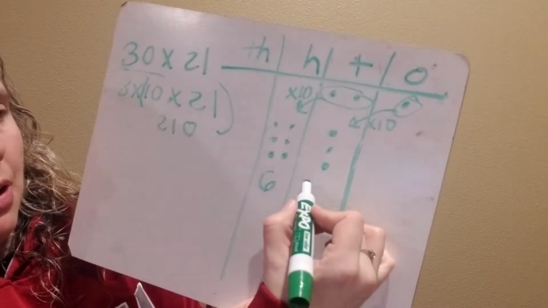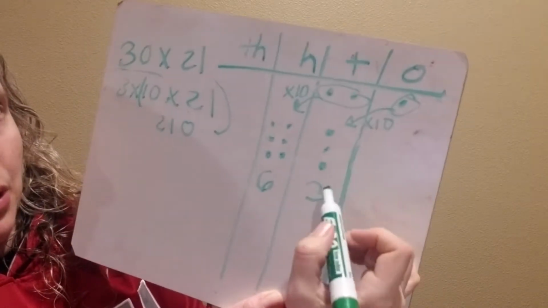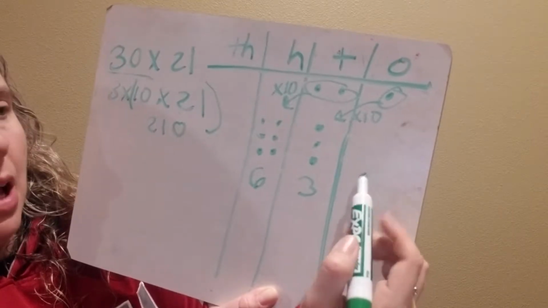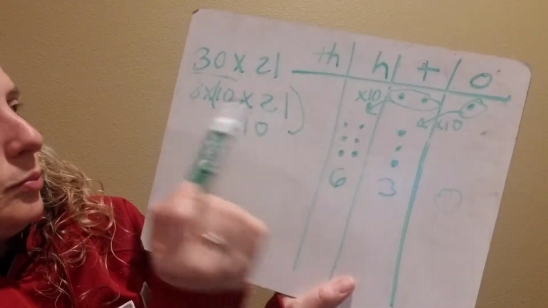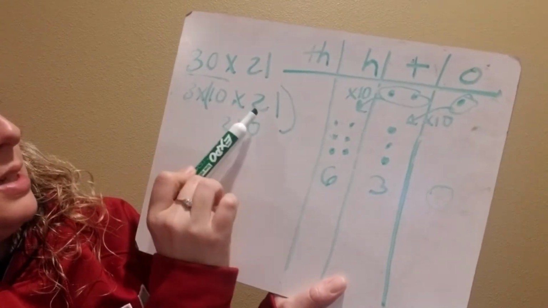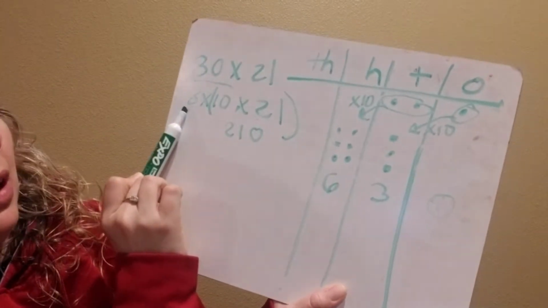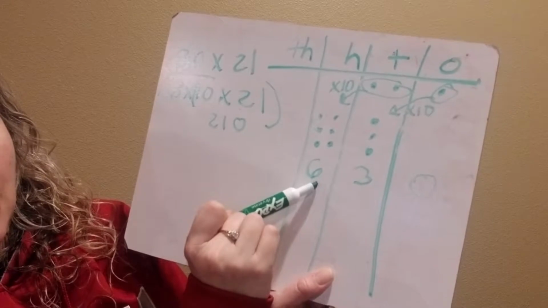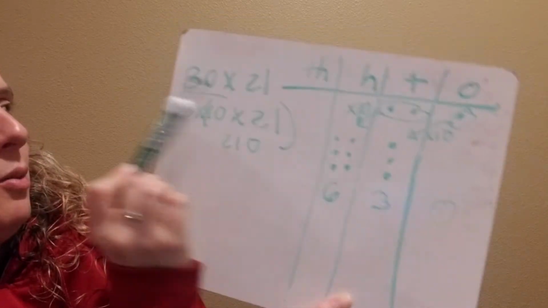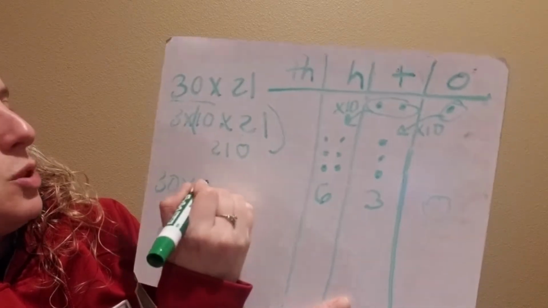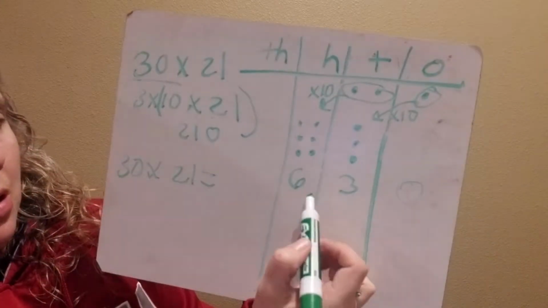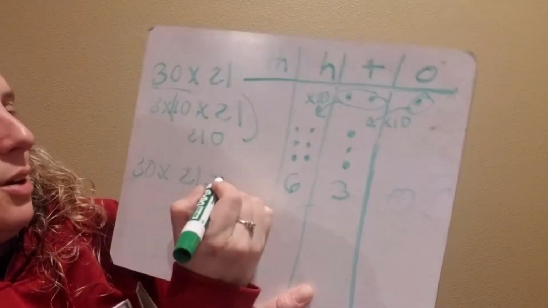So how many 10s do I have? 3. And how many 1s do I have? 0. So 10 times 21 times 3 equals 630. So my answer, 30 times 21 equals 630.